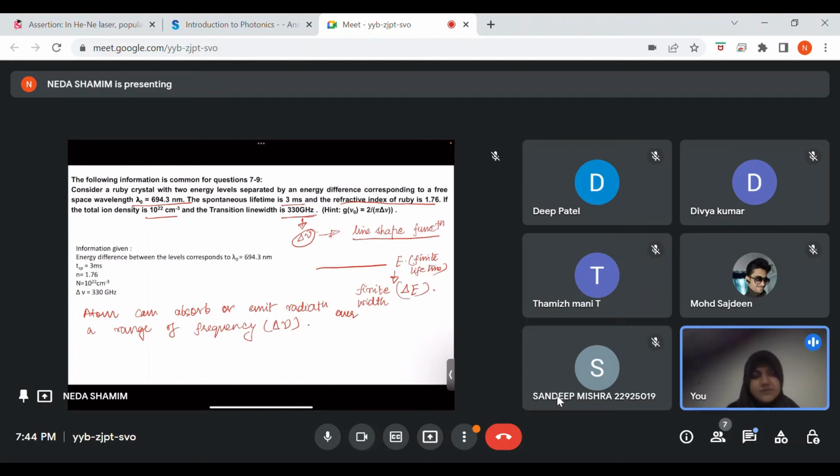This range is very small compared to E or nu. I'll write in bracket, this is a small range.